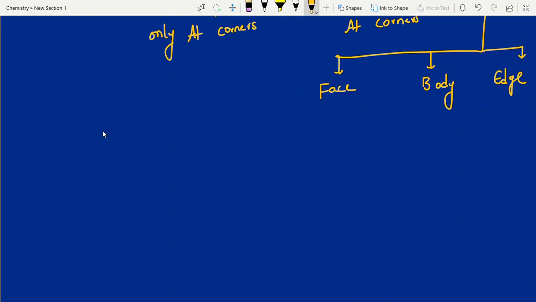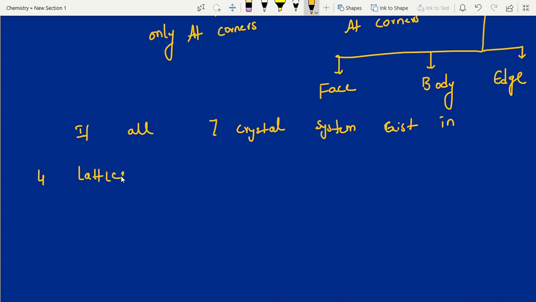Write the point: if all 7 crystal systems exist in 4 lattice types, we should have 28 lattice arrangements.